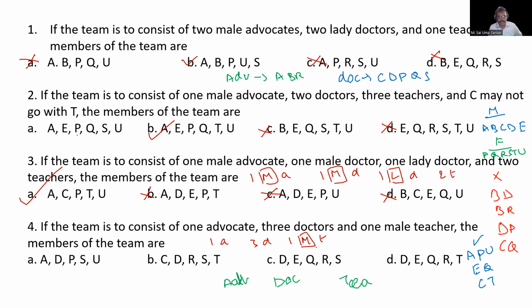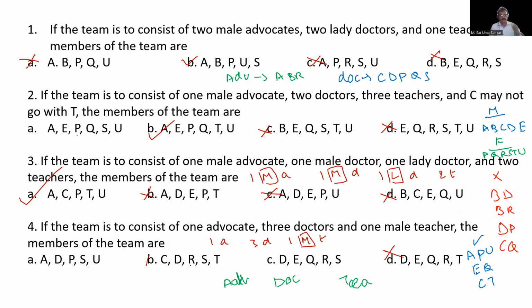No. BR is there, cancel that one. No. Next, CQ is there, cancel that one. No. All are valid. APU must be there. Here APU is not there. Right. Okay. If E and Q, right. And C and T. If T is there, C must be there. So strike off this one.